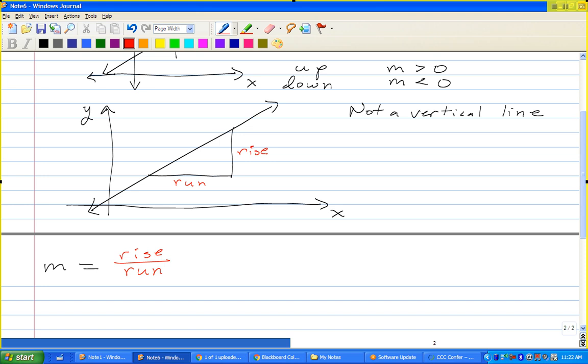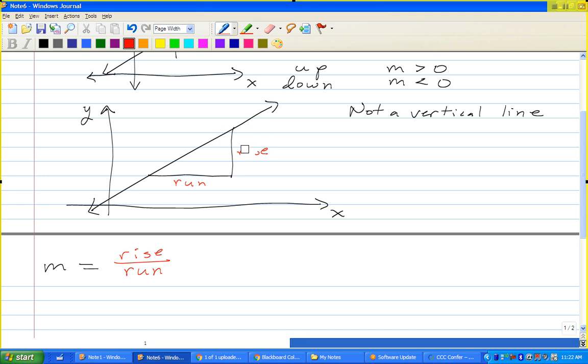Or I can say it is the vertical change over the horizontal change.